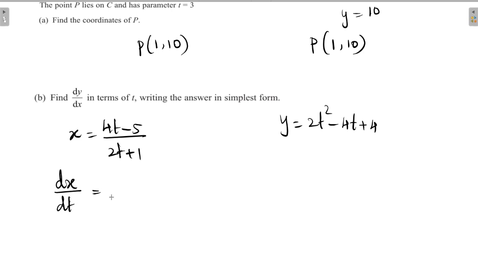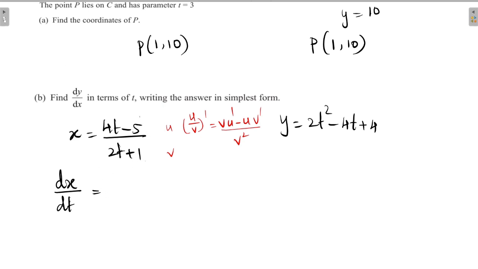dx by dt is equal to, this is in the form of u by v. So u by v the whole dash is equal to v into u dash minus u into v dash by v squared. This is the differentiation. So let's consider the numerator. This is the u, this is the v.